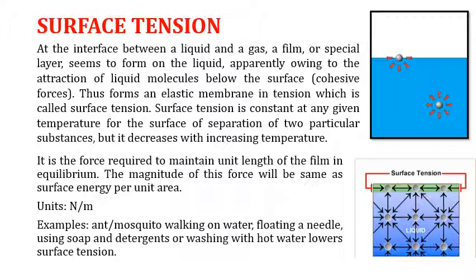This thus forms an elastic membrane in tension, which is called surface tension. This surface tension is formed in order to keep the molecule in a happy, stable state. Surface tension is constant at any given temperature for the surface of separation of two particular substances, but it decreases with increased temperature.